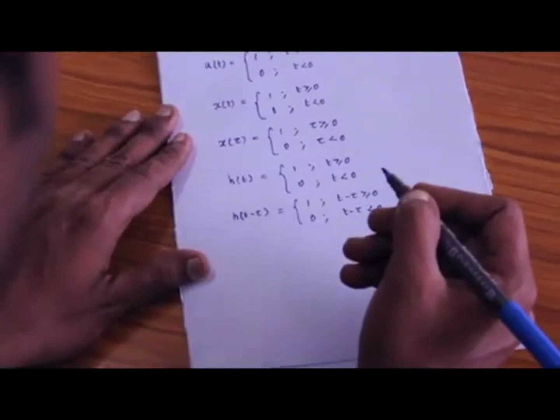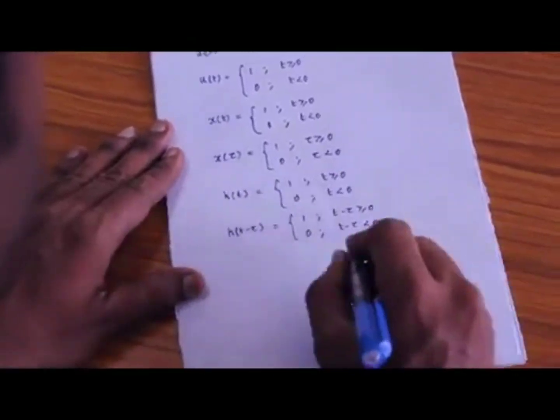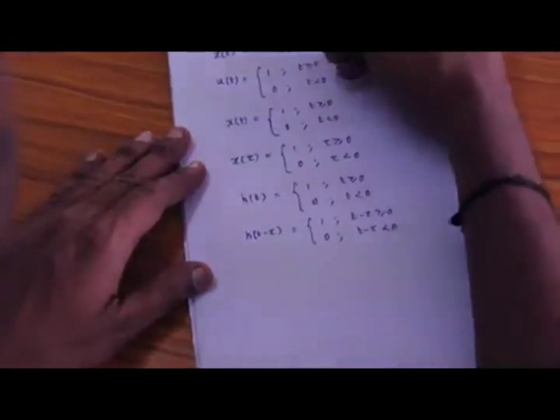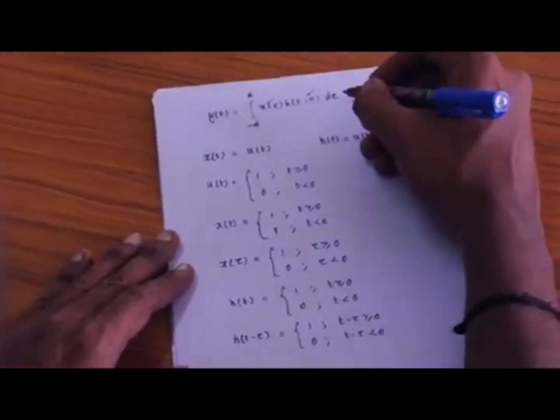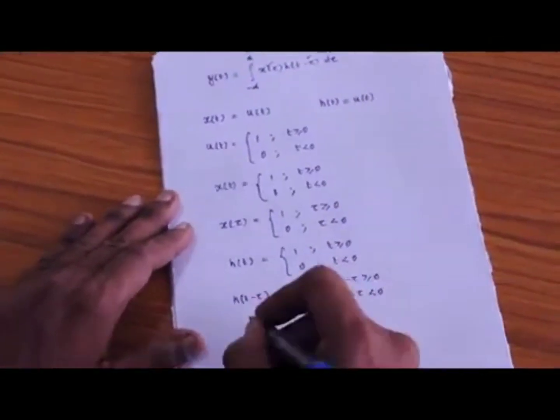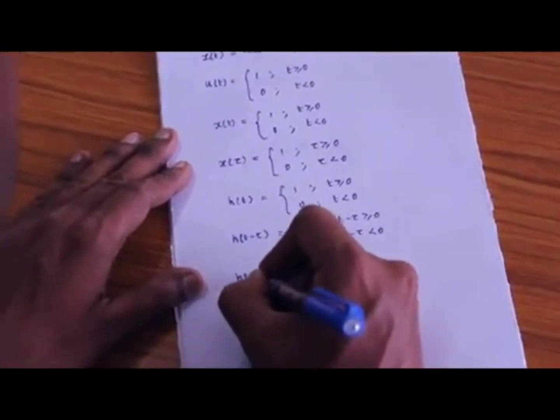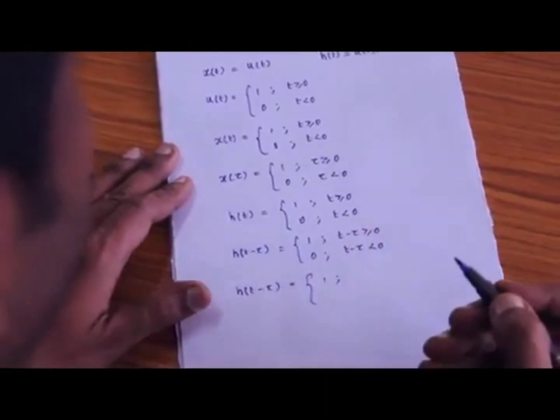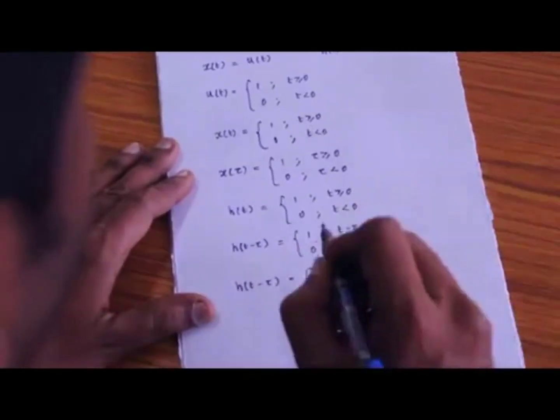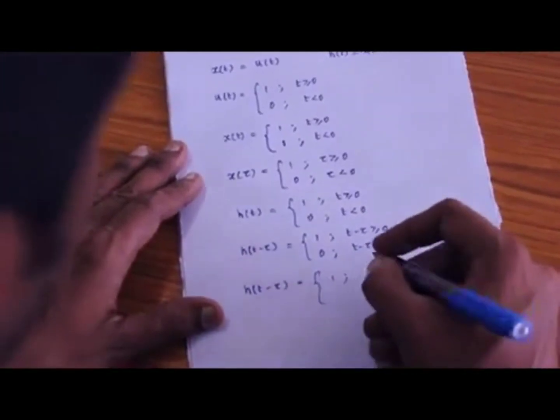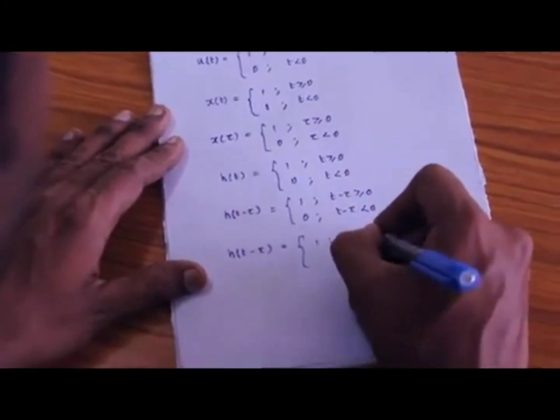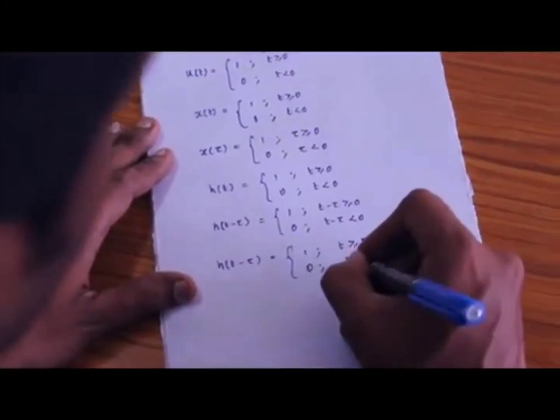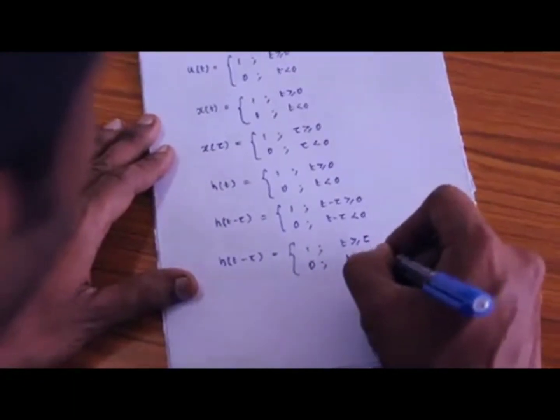Now, we should write this function with respect to tau because our convolution integral formula is with respect to tau. Normally people write h of t minus tau is equal to 1 for, say for example, t greater than or equal to tau and 0 for t less than tau.